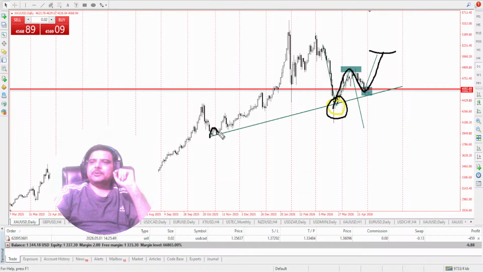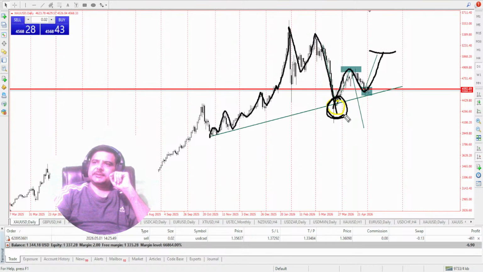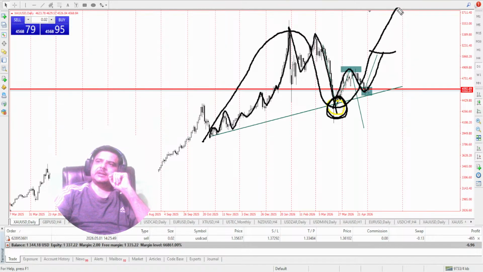Okay, why? Because the market keeps trading above this particular trend. It even took a 61.8% retracement, because if you see, this whole is a bigger A, B, C, D to the top side of the market.